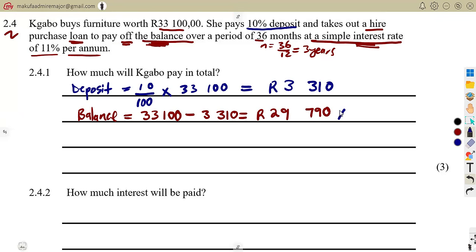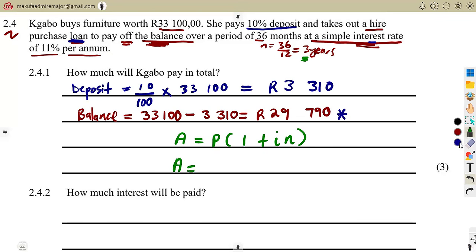But in order for you to pay this amount, you're not going to pay exactly this amount. You are going to pay more because it is considered a loan, paid over simple interest, where the amount to be paid over that period is equal to P into 1 plus i n. Remember your simple interest formula. So this is the amount to be paid over these 3 years as a loan.